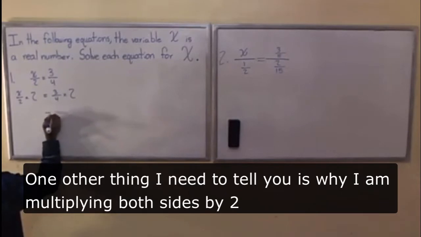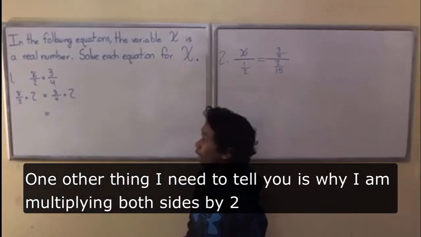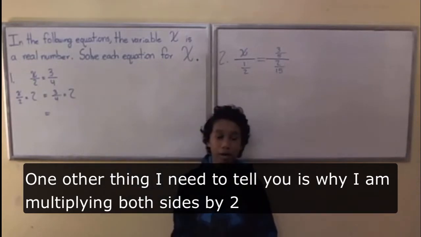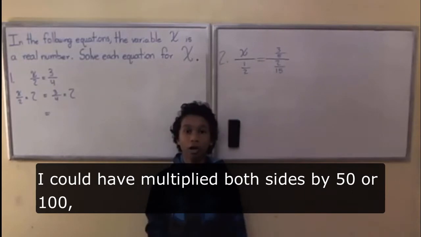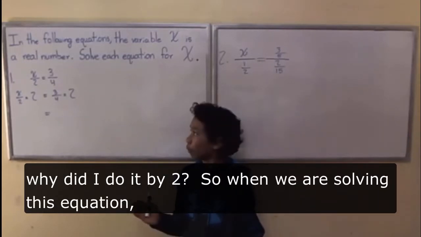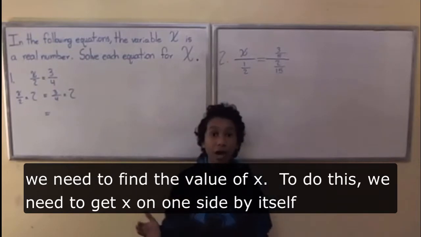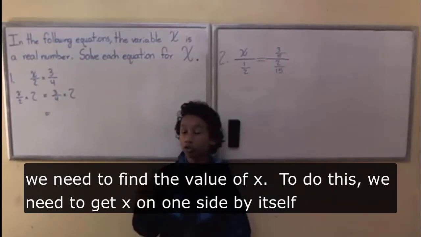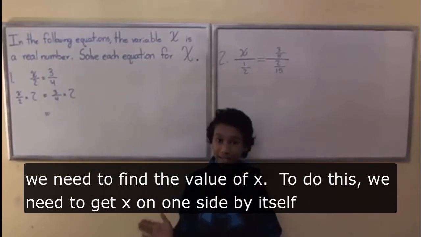One other thing I need to tell you is why I'm multiplying both sides by 2. I could have multiplied both sides by 50, 100. Why did I do it by 2? So when we're solving this equation, we need to find the value of x. To do this, we need to get x on one side by itself.